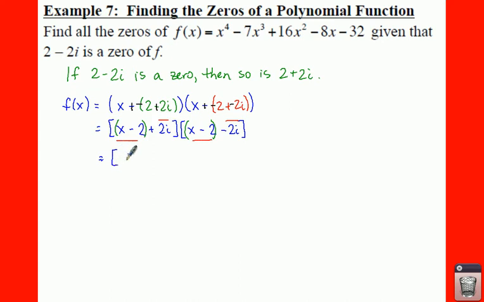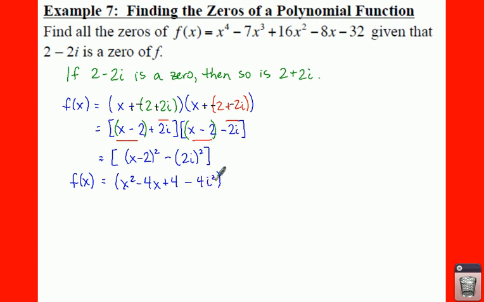So we're going to get x minus 2 squared minus 2i squared. And we get a difference of squares. Everybody loves difference of squares. So we get x squared minus 4x plus 4 minus 4i squared. Don't forget the square.